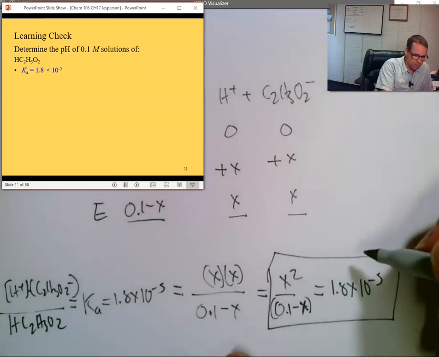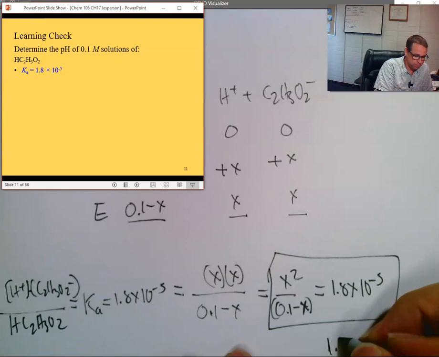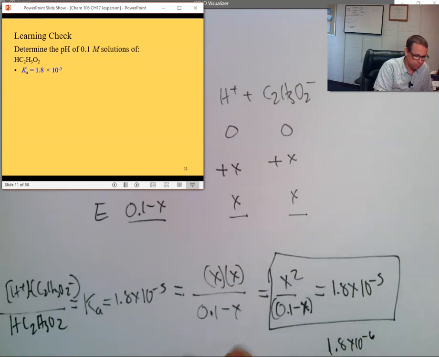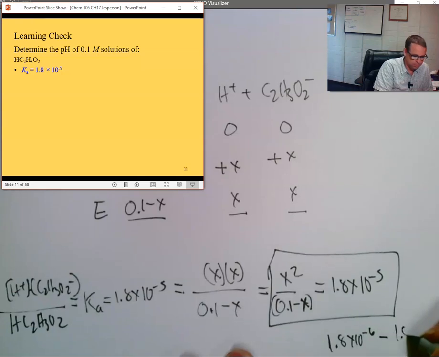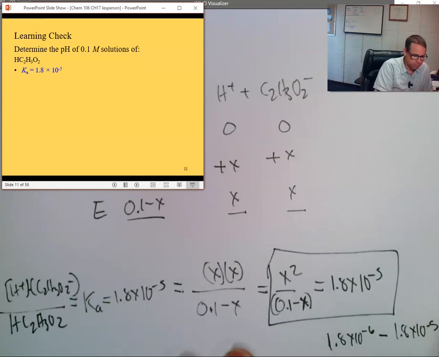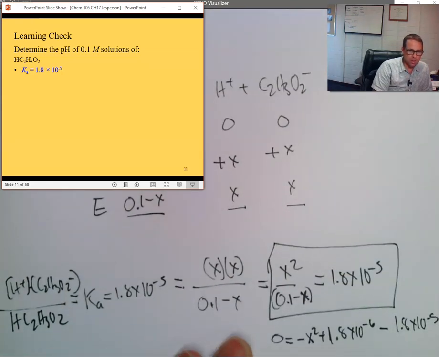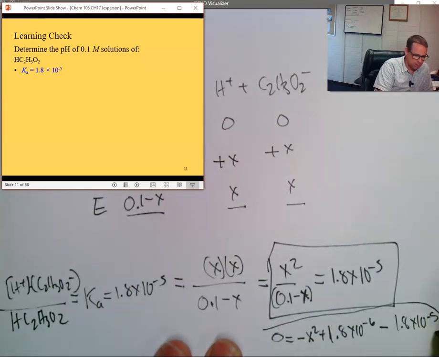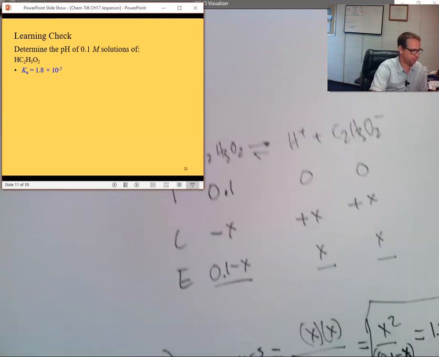But 1.8 times 10 to the negative 5. So it'll be 1.8 times 10 to the negative 6 minus 1.8 times 10 to the negative 5 x equals x squared. If I move the x squared over here, I can set that all equal to 0, right? Yeah. Now, what would be your favorite way for solving that problem, Jace?